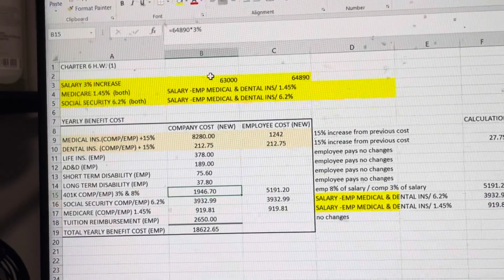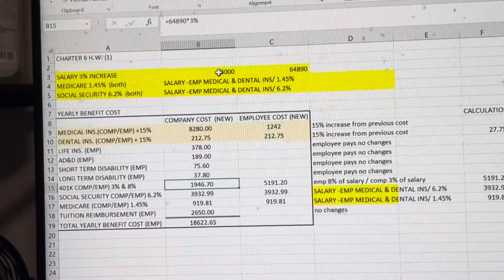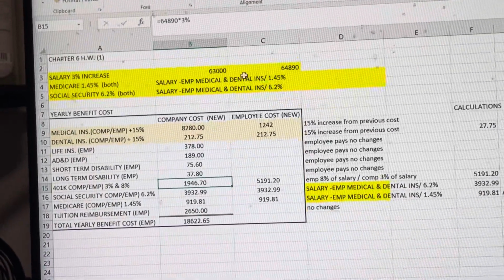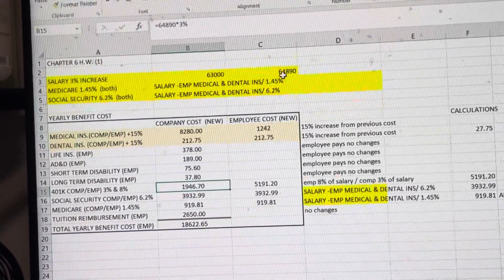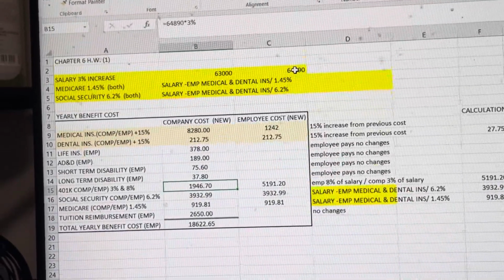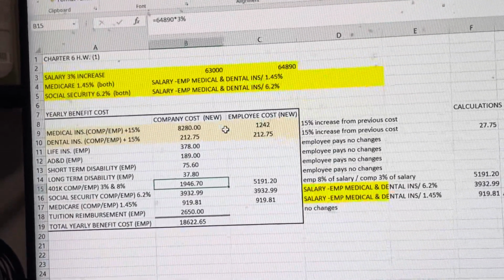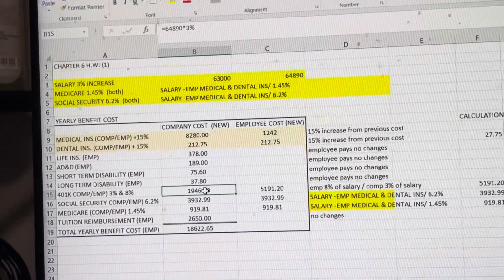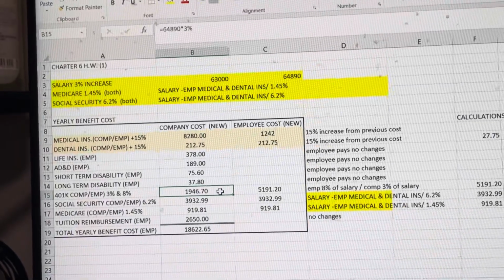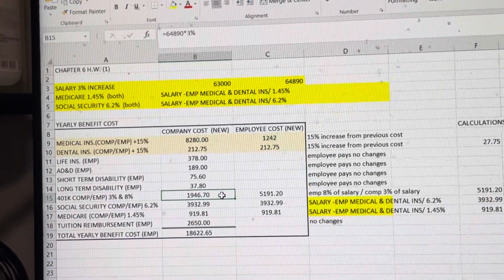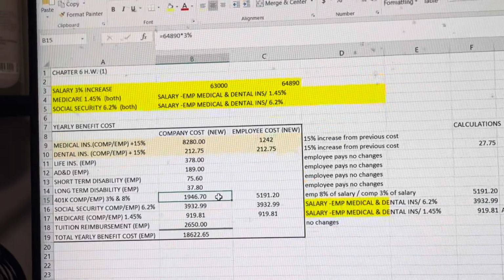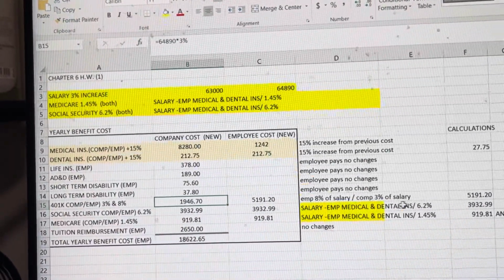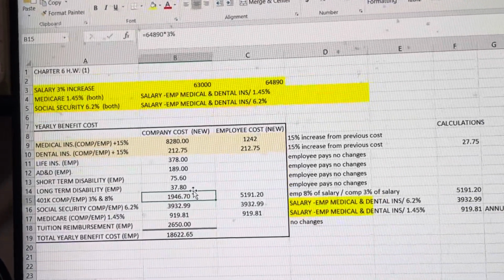So if we go here and look at the problem, what I did is, the salary used to be this amount, then the salary increased 3%. So this is the new salary for the employee. You take this number and multiply it by 3%, because this is how much the company will put in for the employee, based on the salary, but there's a maximum.